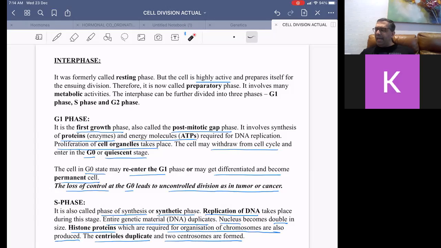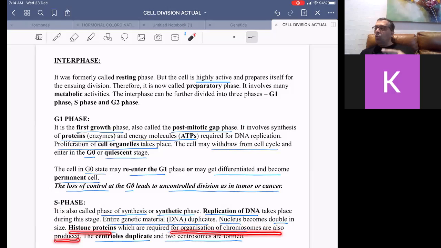Replication of the DNA takes place in this stage, and the entire genetic material, the DNA duplicates. So DNA का content double हो जाता है. The nucleus also doubles in size, and histone proteins required for the organization of chromosomes are also produced.